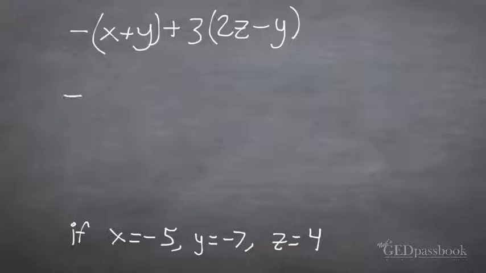So we do negative parentheses. There is my x. I'm going to substitute my x with parentheses. Plus y. I'm going to substitute my y with parentheses. Then I put this parentheses there, right here.